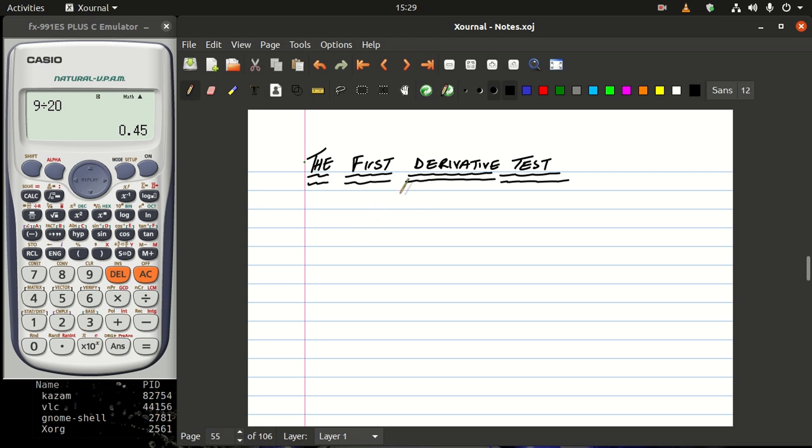So I want us to talk now about the first derivative test and what can be deduced from it. Can we actually combine what we studied on local extreme values, in other words local maximum and local minimum, and the first derivative?